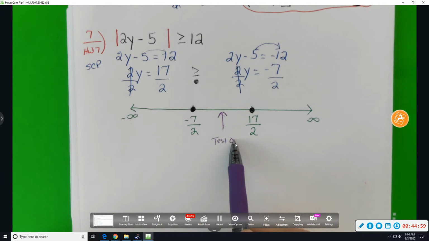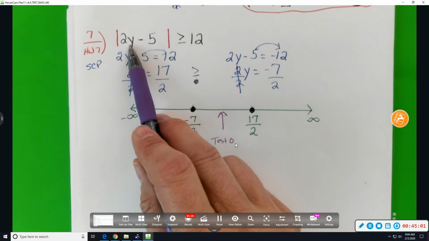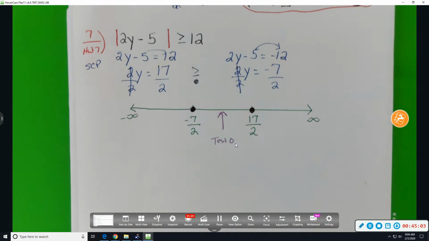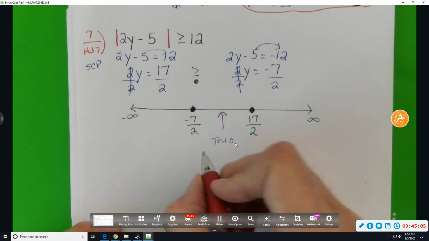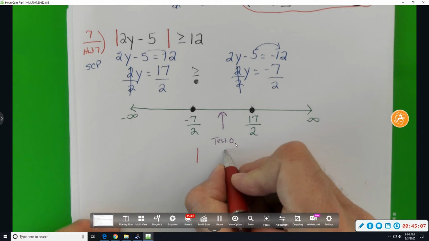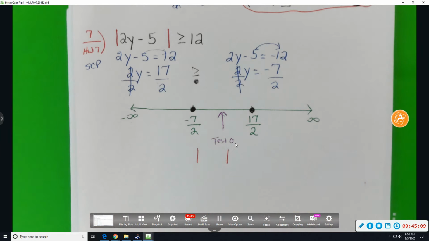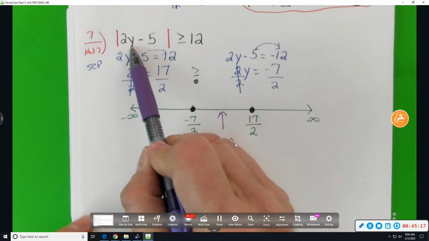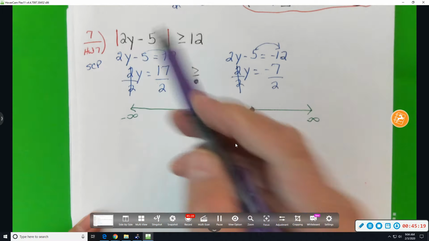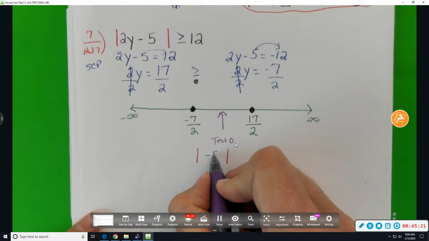So plugging 0 in to the original problem. We have the red absolute value bars. Now be careful. Don't say 15. What are we going to get when we plug that 0 in? 2 times 0 is 0. Minus 5 would just be a negative 5.